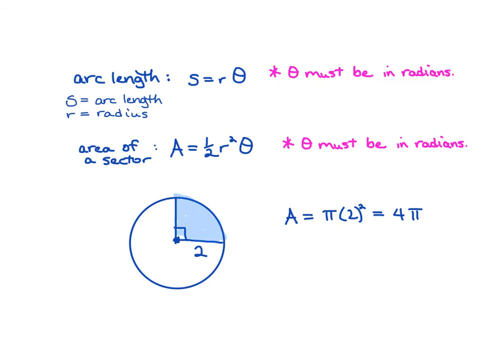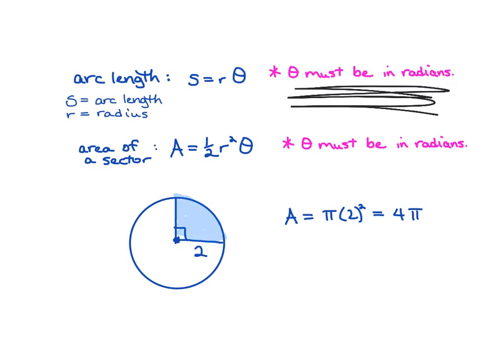So for the arc length, the formula is S is equal to R times theta, where R is your radius and S is the arc length and theta is measured in radians. So if your theta is given to you in degrees, we need to convert it to radians first. Now, if you'd rather convert it within your formula, you can do that also. And I'm going to show you that in the second example.